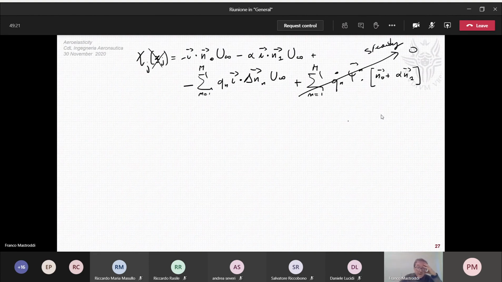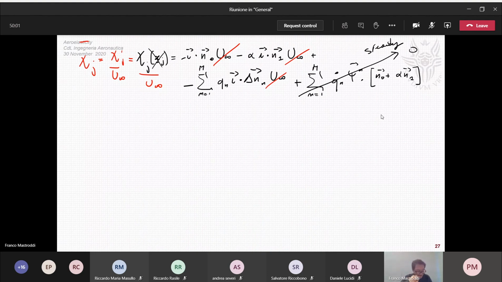And so we can also introduce a nondimensional normal wash, like chi bar j, equal to the dimensional one divided by u infinite, and then we can divide everything by u infinite, simplifying this and this. And so let's consider what we have obtained at this point.